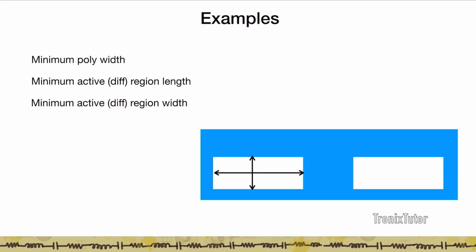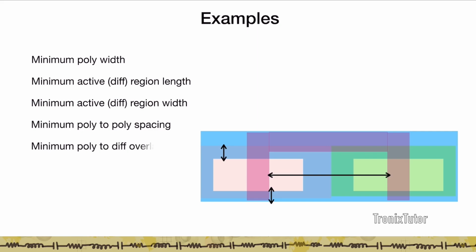So let's take an example of a couple of design rules. For the active region, I can say that there is a certain minimum length that this active region should have, and a certain minimum width that this active region can have. And because there's a CMP process associated with this layer, you also sometimes have what are known as active area density rules.